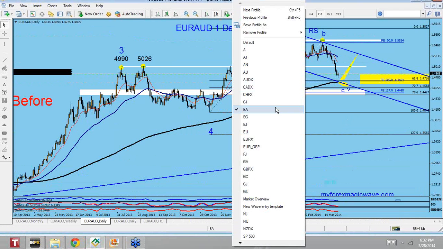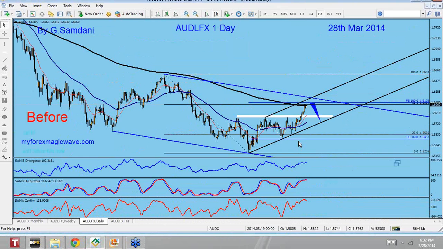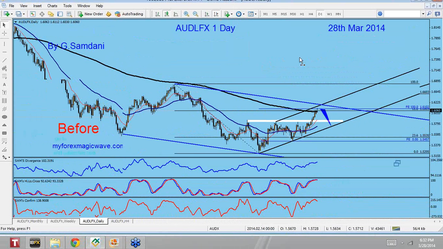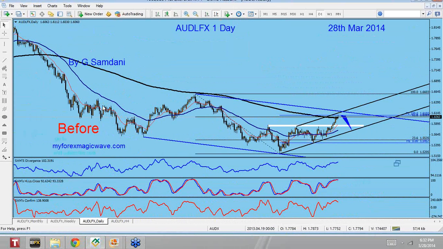Aussie index, it's very corrective in manner. Look at this correction here. It goes up here, says ABC correction, zigzag, right? So it goes up here, and look at this whole diagram here, and look at this one here. Very, very similar, right?